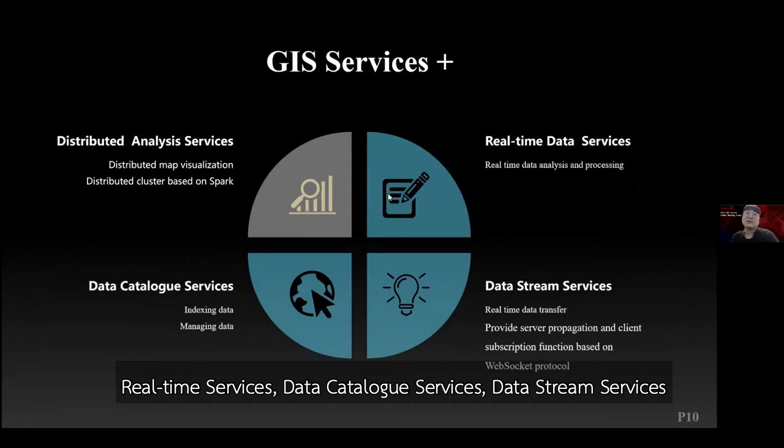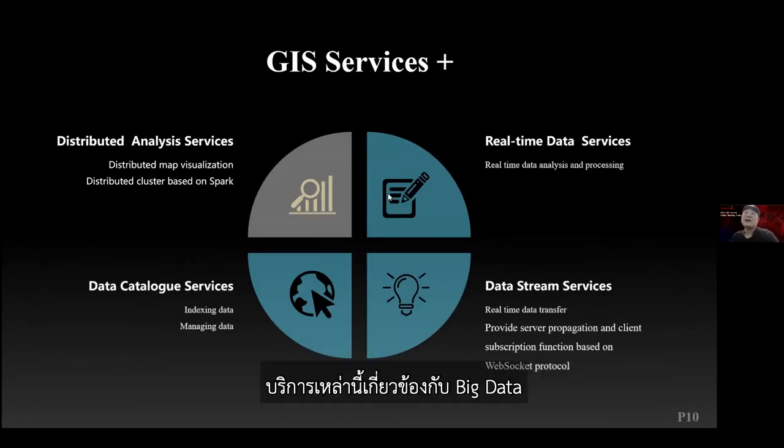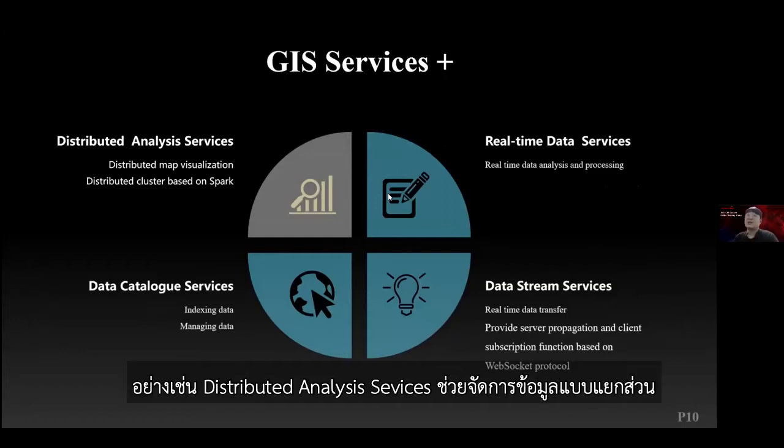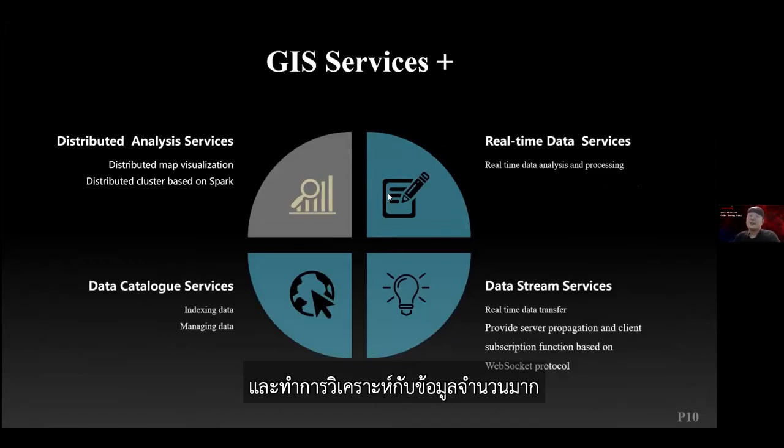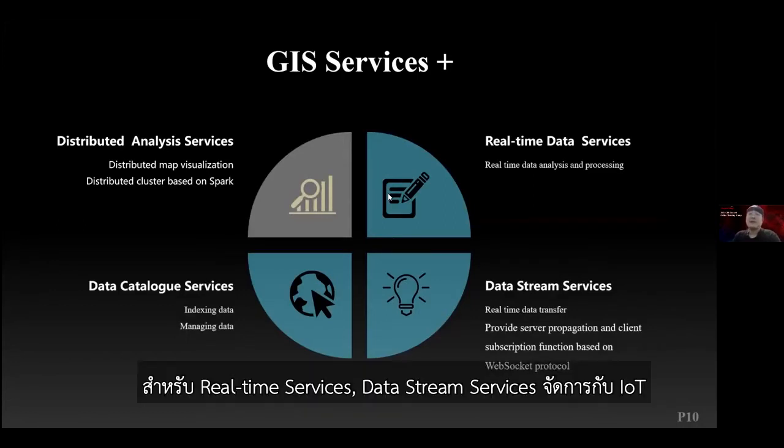and data stream service. So these are mainly related to big data technology, such as distributed analysis, which helps us to manage our data distributedly and to do spatial analysis for a big volume of spatial data. We can do the distributed analysis. And the real-time data service and data stream service are mainly related to IoT.